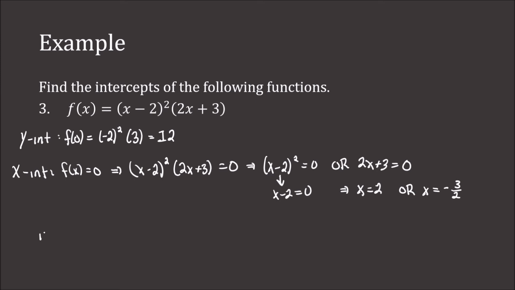So the intercepts are -3/2, 0, 0, 12, and 2, 0.